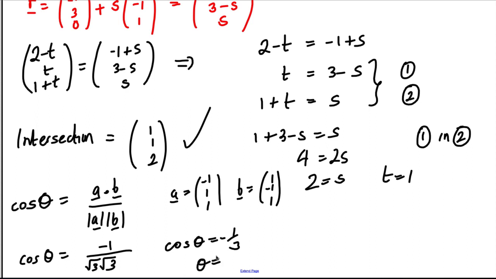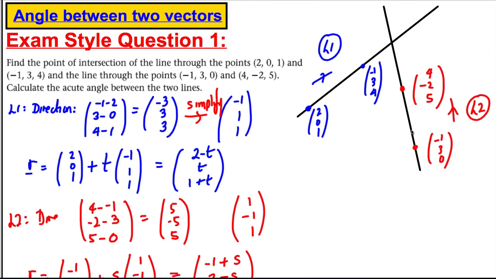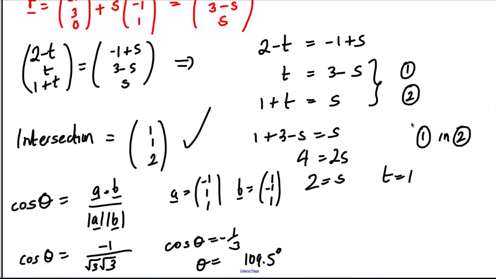So theta, if I type in my calculator the inverse cos of negative a third, I get 109.5 degrees. But I want the acute angle between the two. So the acute angle must be 180 take away that. So the acute one must be equal to 70.5 degrees. And we're done.